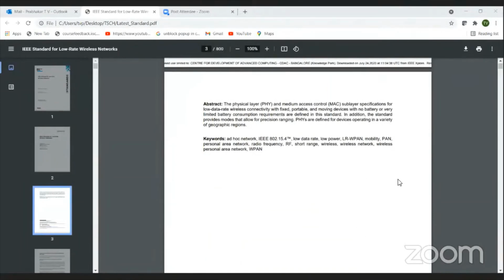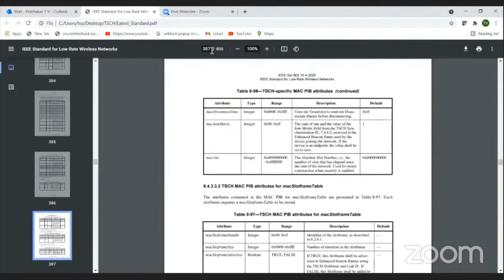And let me take you directly to Control F, which is the page. Here we go. 387. Okay, there you are. This is the TSCH MAC PIB.